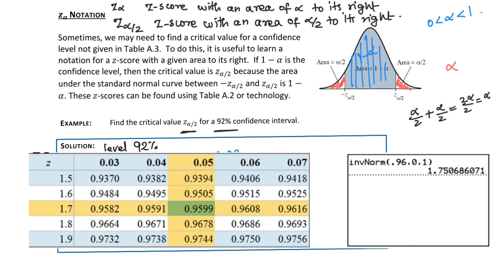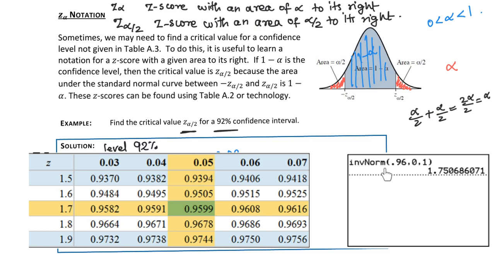Now we will look at the body of the table A2 and find the value close to 0.96. That is 0.9599, which corresponds to the z-score 1.75.